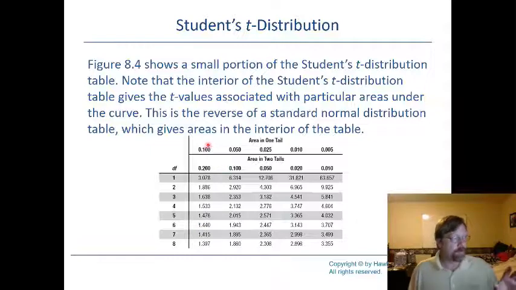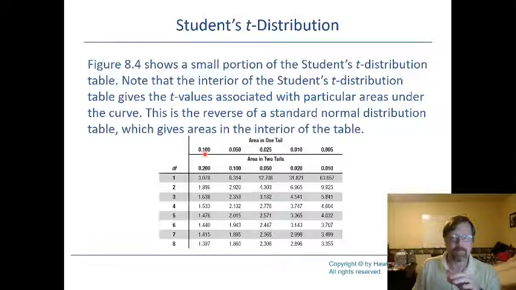So an area of 0.1 in one tail would be a 90% confidence that it's outside of that one tail, right? Hopefully that will become more clear as we go along.